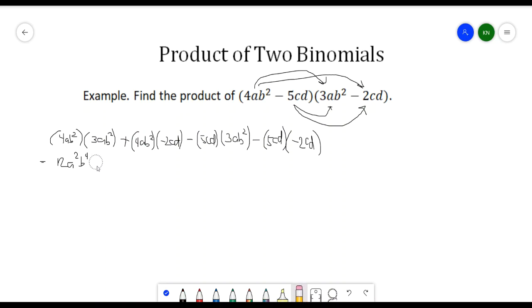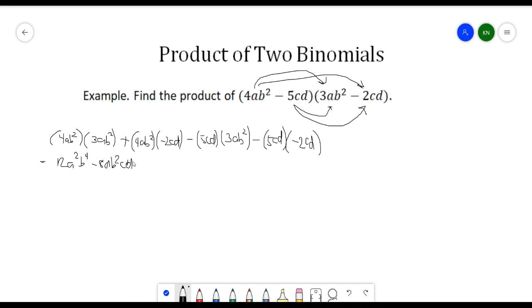So we'll have this as minus. So 4ab squared multiplied by negative 2cd. So we have negative 8ab squared. We'll just copy the variables here since they have no similar variables.